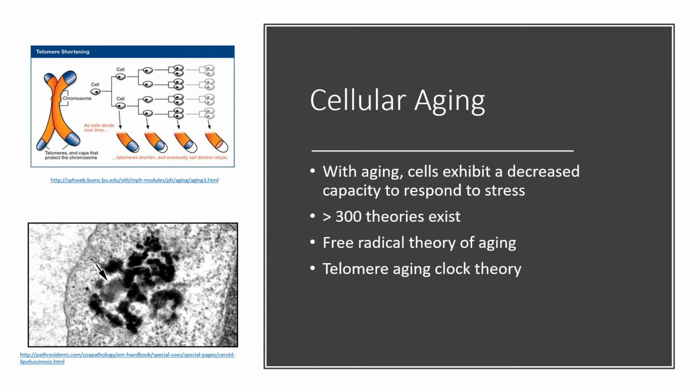And what you're looking at here is an electron microscope image of a lysosome. And remember, the lysosomes are involved in the cellular degradation process with autophagy. And lipofuscin, this black pigment, is an aging pigment granule that is found in high concentrations in old cells. So as our cells age, you're going to see more and more lipofuscin.